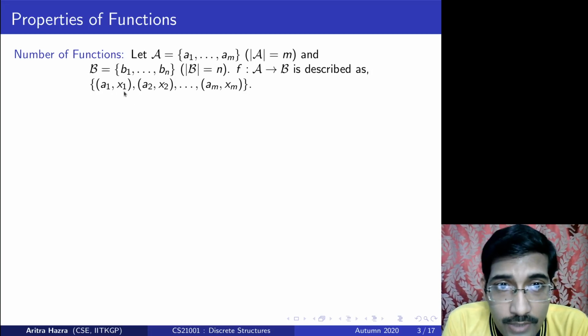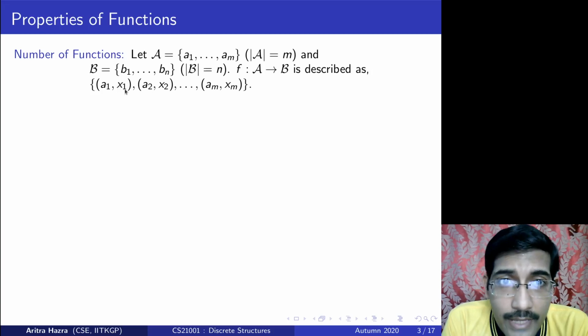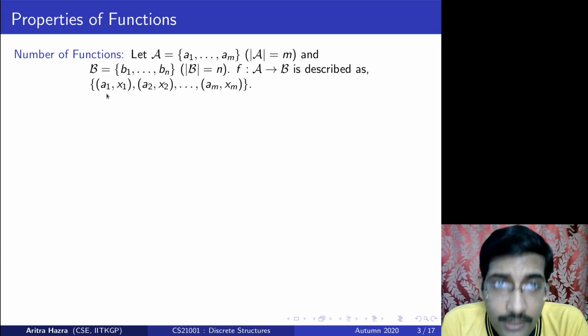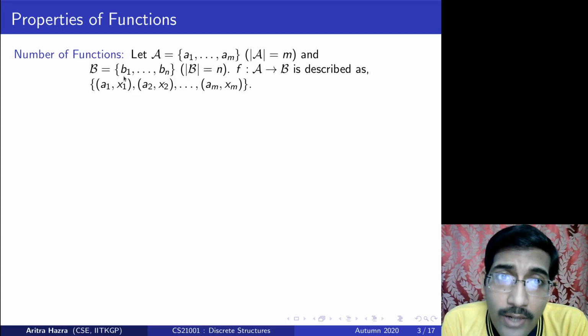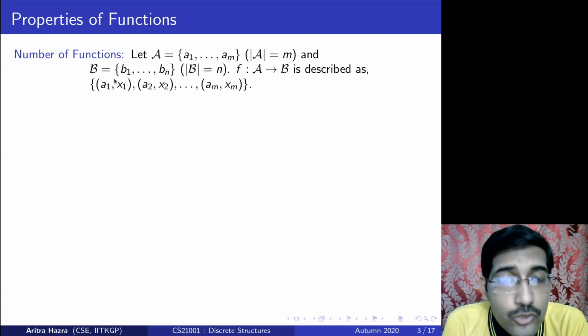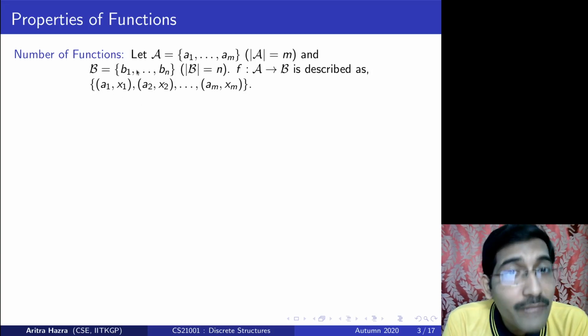So here we have n such pairs possible for every a to be mapped to B. Now x1 can take b1 up to bn, these n values. x2 also can take b1 up to bn, these n values. Why? Because it could be the case that a1 is mapped to b1 and a2 is also mapped to b1. Consider the function x squared, where (-2) squared is 4 and (+2) squared is 4. So a1 and a2, -2 and +2, are different, but they map to the same value.